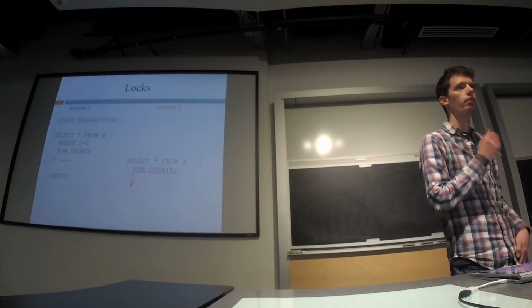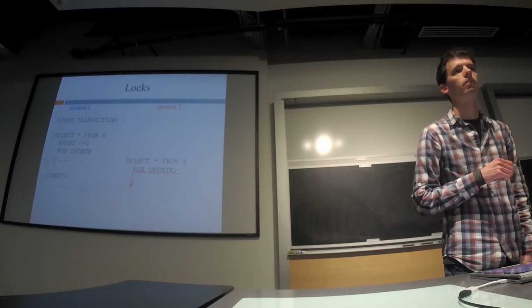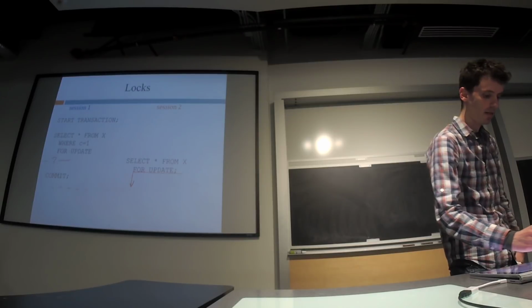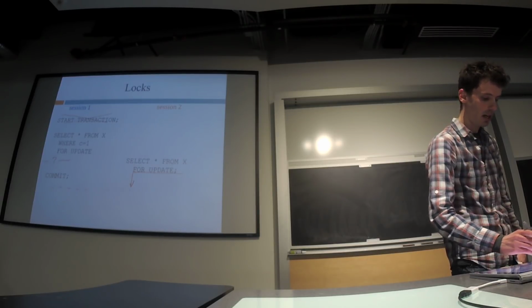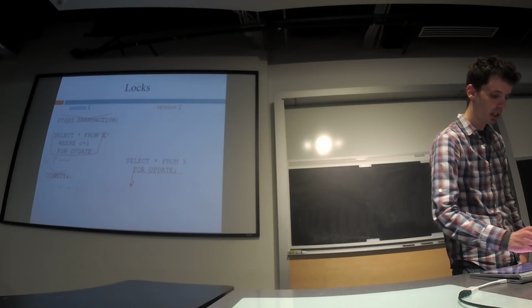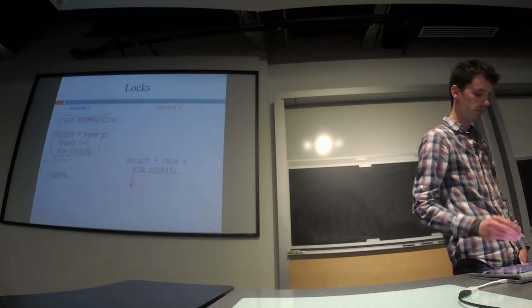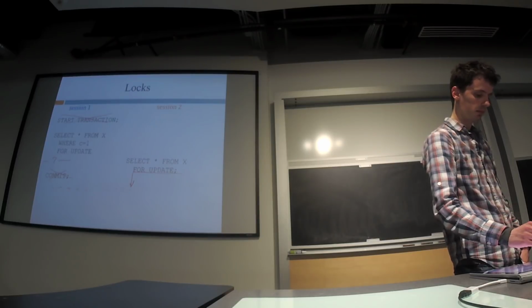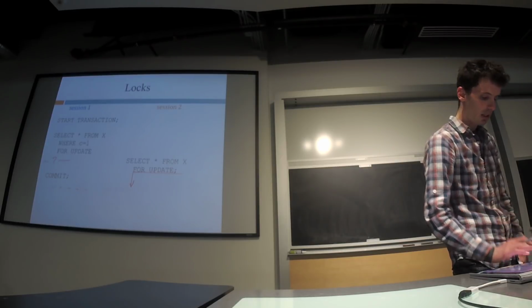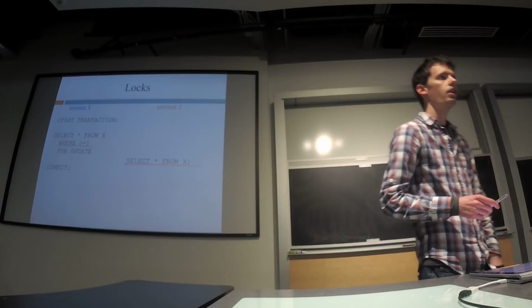So if you didn't explicitly put this inside of a transaction, like at the start transaction, then this one select would be very briefly locked and then immediately unlocked. Session 2 without the for update is a race condition.